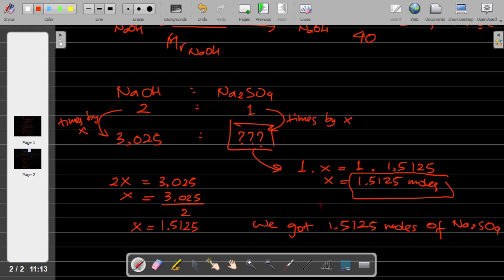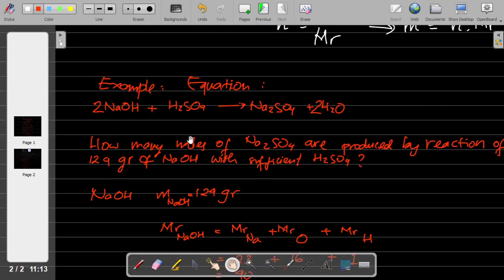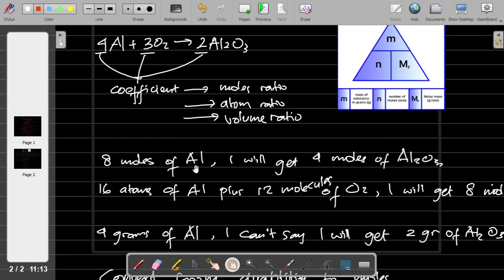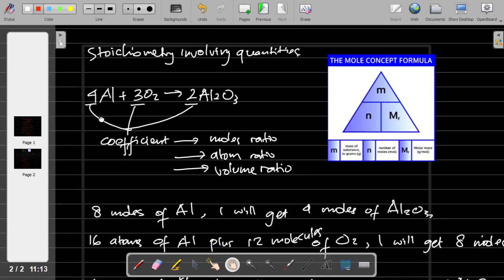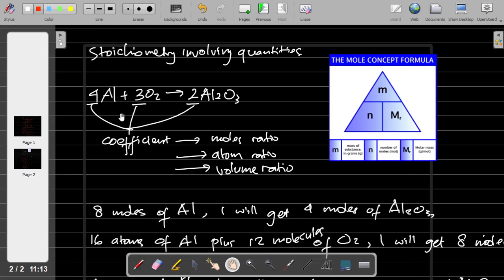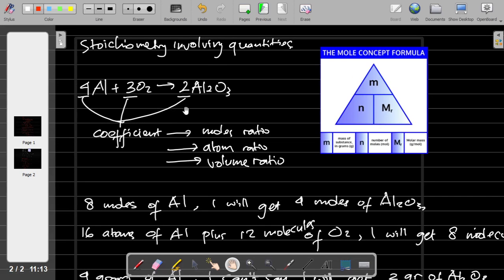So this is our discussion about what happens if we involve quantity in our equations. We have to convert it first to moles because we cannot directly make a comparison or ratio calculation using quantity, since the coefficient is only limited to the ratio of moles, atoms, or volume.